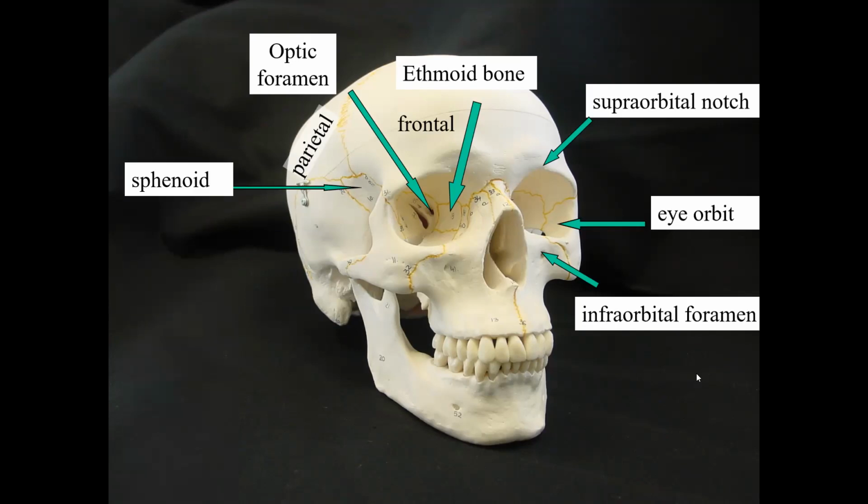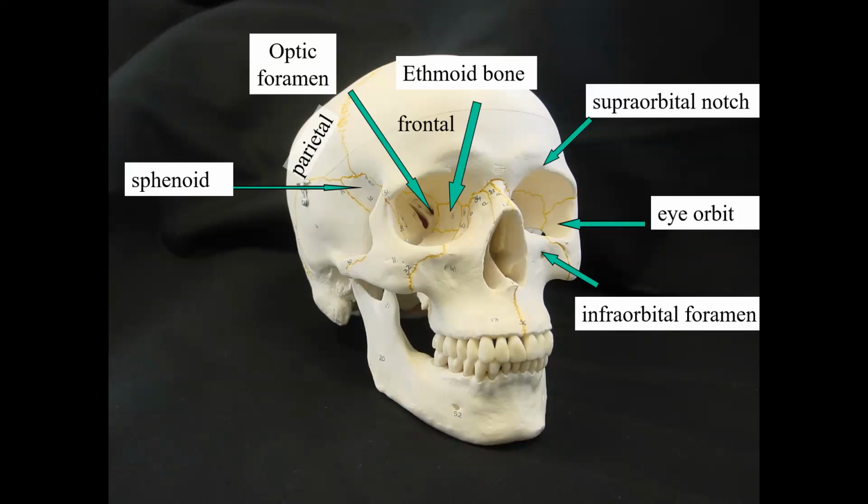Here we have another irregular shaped bone. It doesn't look like much right here. It's called the sphenoid bone, and the sphenoid bone extends from the right side to the left side of the skull. It forms the base of the cranial cavity. It supports the pituitary gland. It protects the underside of the brain.